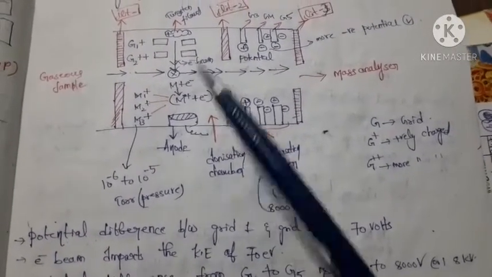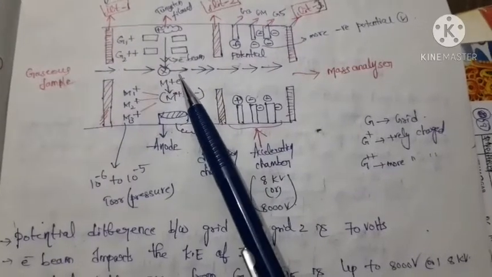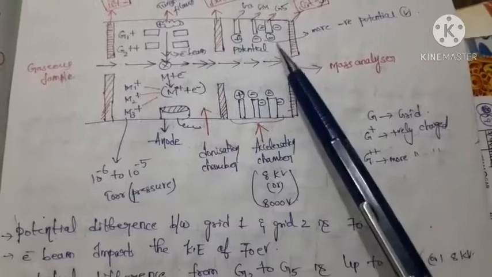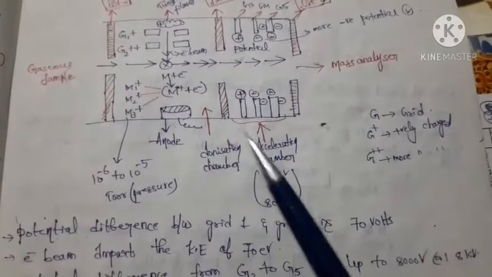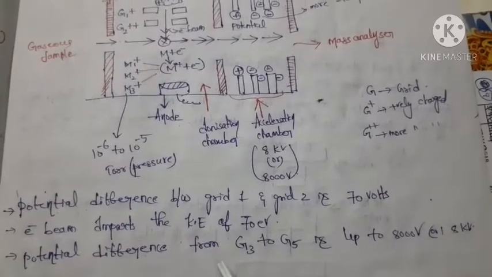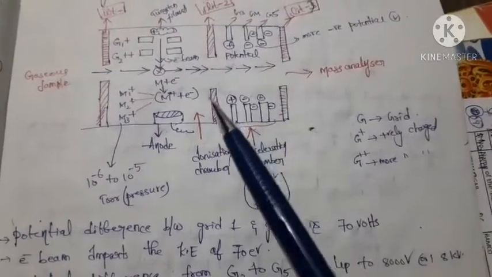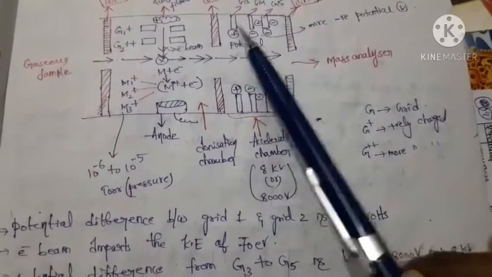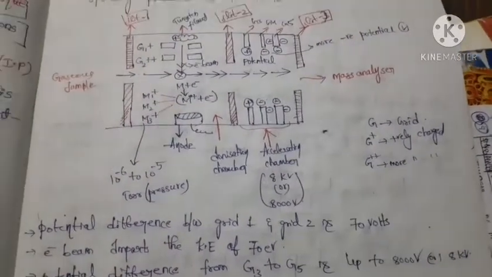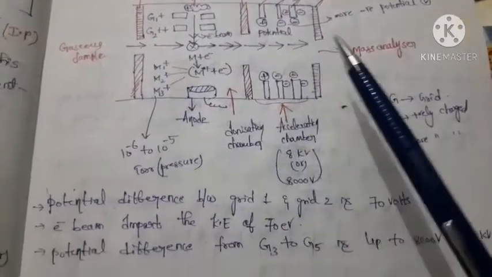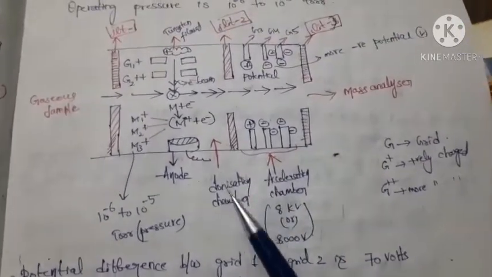The electron beam coming from the tungsten filament will impart a kinetic energy of almost 70 electron volts. Next, the potential difference from G3 to G5, G3, G4, G5, is up to 8 kilovolts or 8000 volts. Hope you understood this, friends.